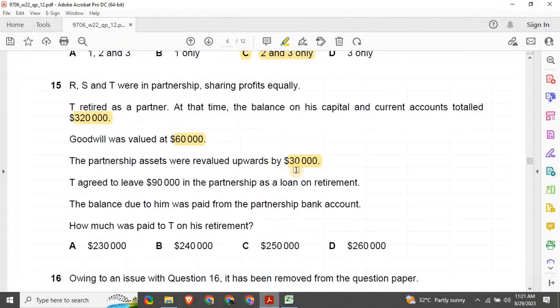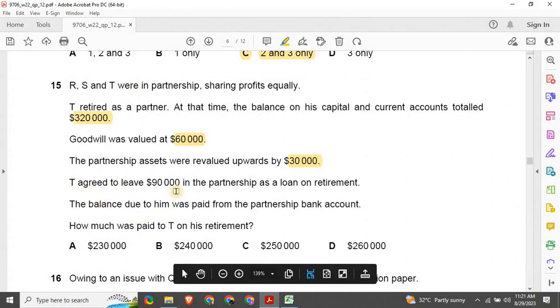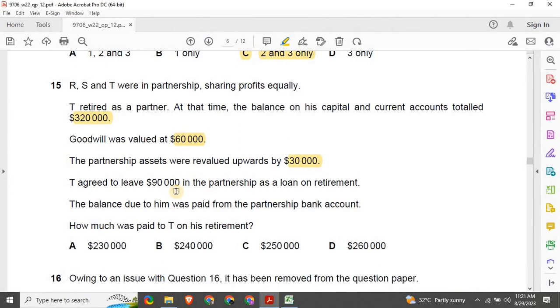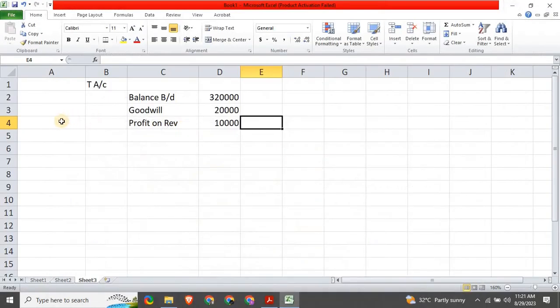And then T agreed to leave 90,000 in the partnership as a loan. So T will give 90,000 as a loan to the partnership. Okay, 90,000 out here. Now the remaining amount we need to pay to T from our bank account.